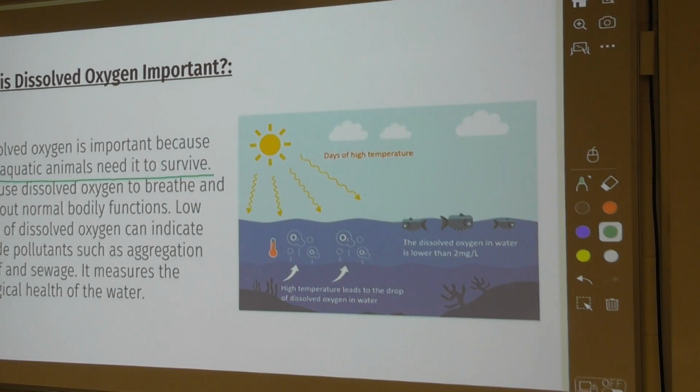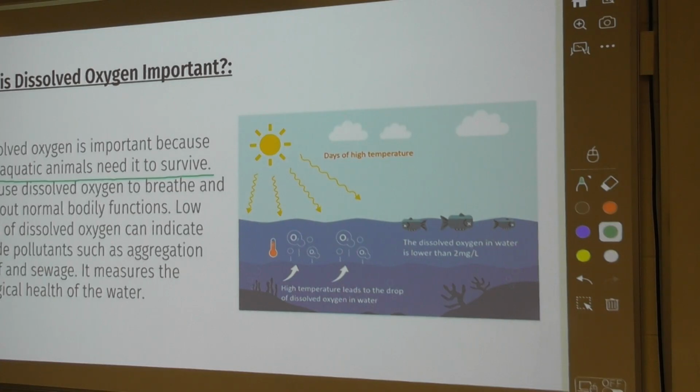And it's really important, primarily for fish and the organisms that fish eat, all of which live in constantly submerged water. They don't breathe air. They can't breathe air. And so we care a lot about dissolved oxygen.